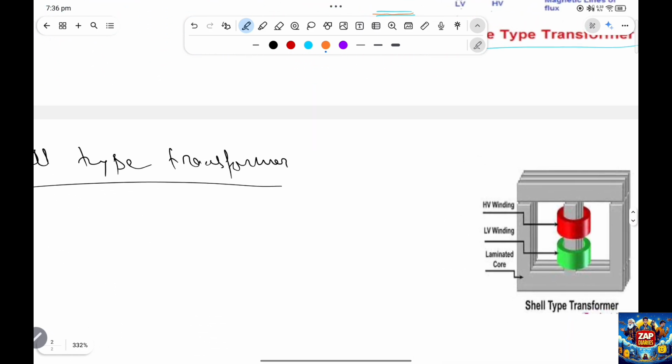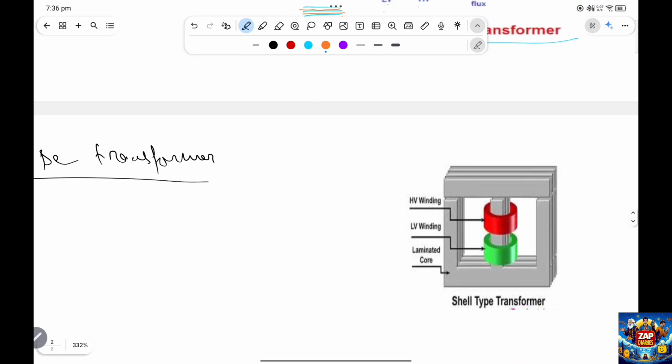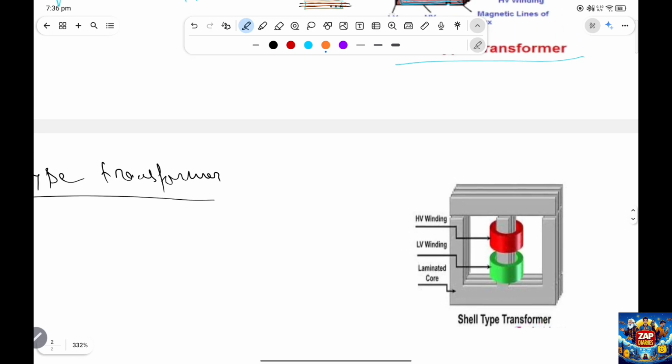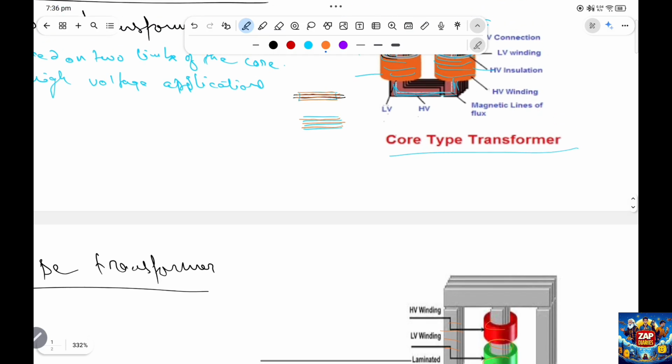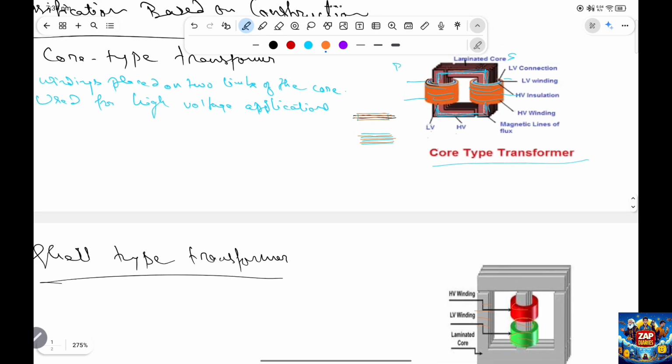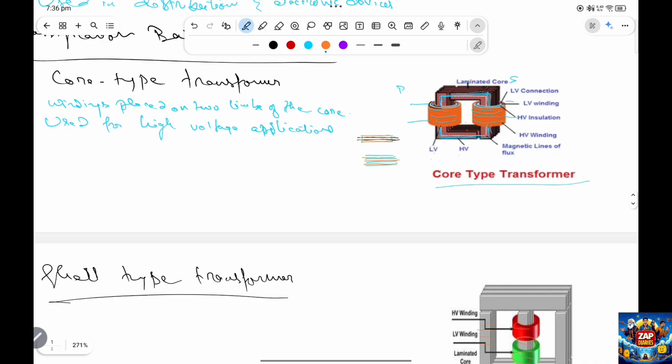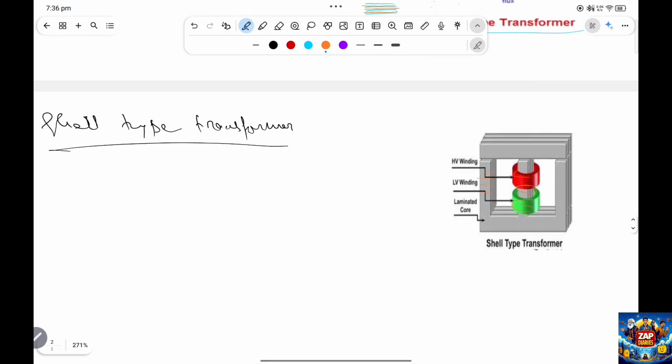Even in the shell type transformer, we use a laminated core, and instead of placing the windings on the limb side, we place them on the center limb. So in the core type transformer, we don't have a center limb, but in the shell type we have three limbs, and we place both the windings on the center limb.